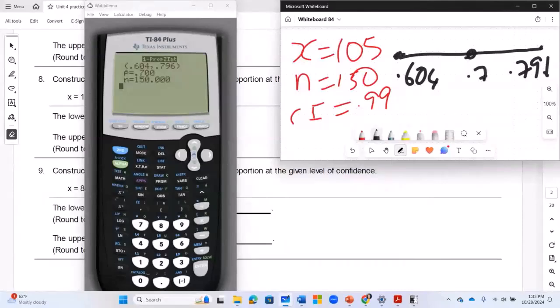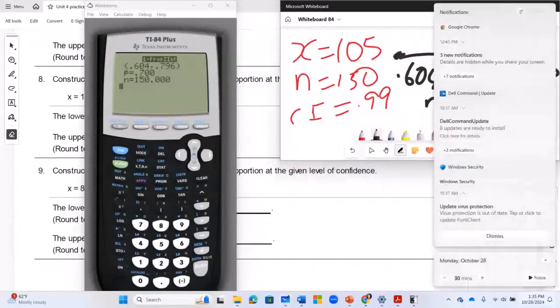And the sample size is 150. All right. So if I'm told to find the margin of error, the margin of error is 0.096. So that is the margin of error.